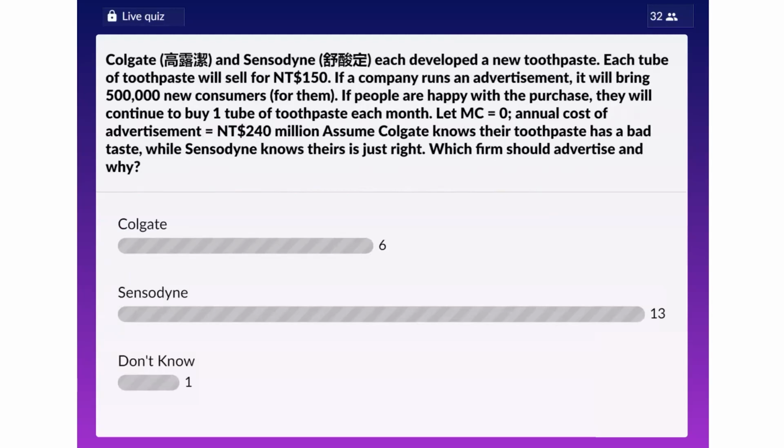Okay, some say Colgate, but a lot of you say Sensodyne. Sensodyne is the right answer. It's okay if you don't know.